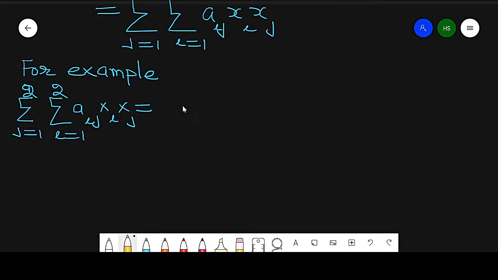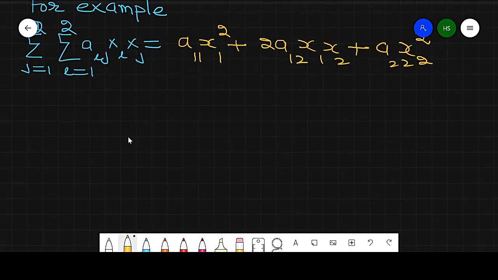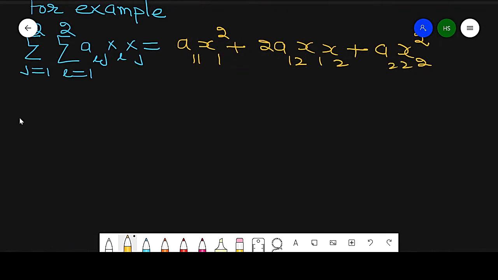So this can be written as a11 x1 square plus 2 a12 x1 x2 plus a22 x2 square. Now this can be written as, where A is a symmetric matrix, so we will discuss.